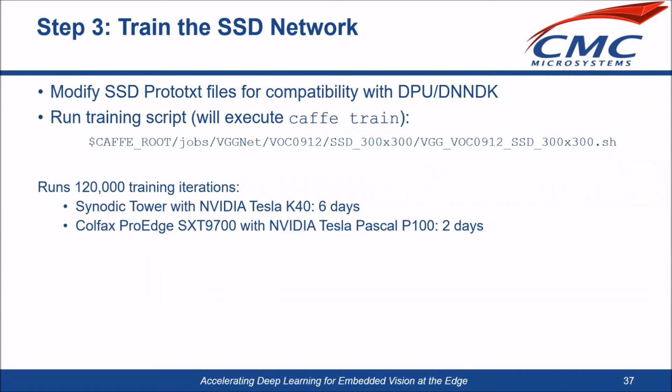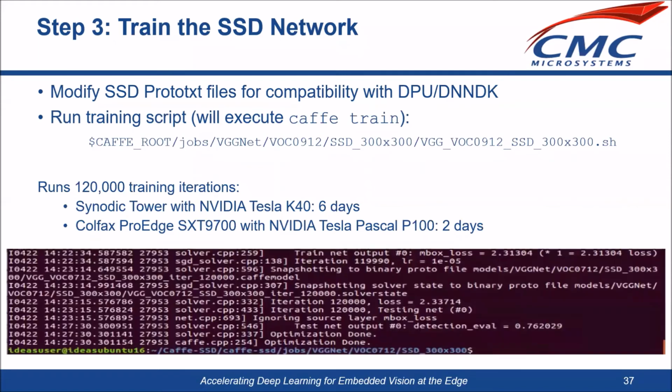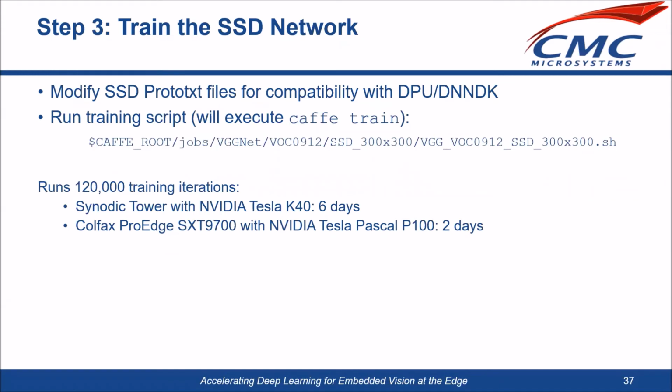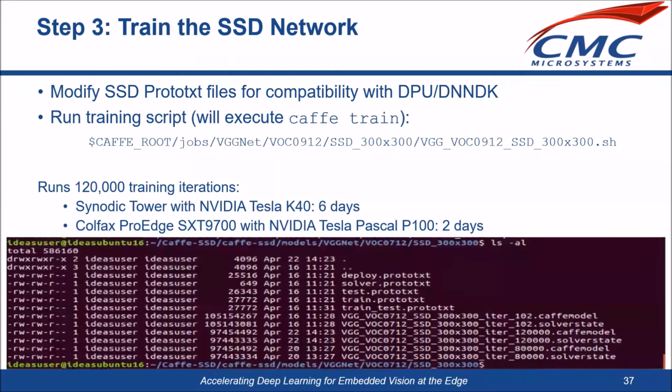At the end of the 120,000 iterations, the network is assessed with a test data set and achieved an accuracy of 76%. And then it generates the Caffe model and solver state files for those 120,000 iterations. It also takes snapshots at 80,000 iterations.